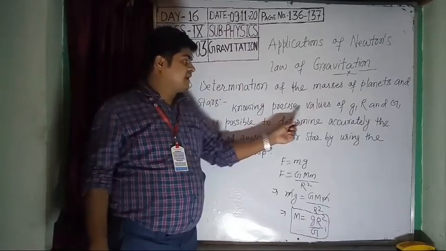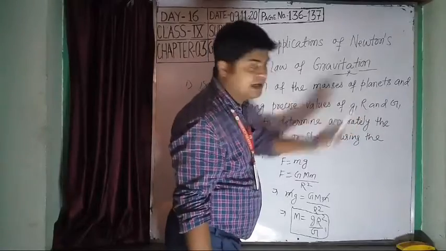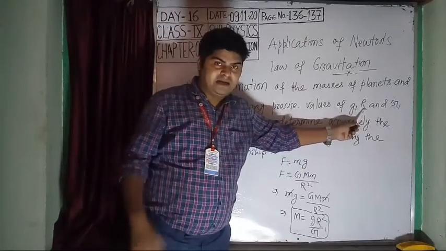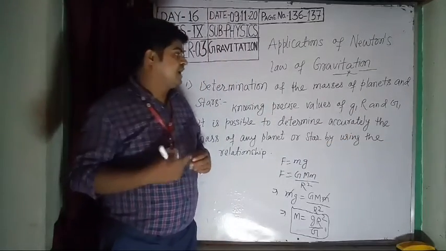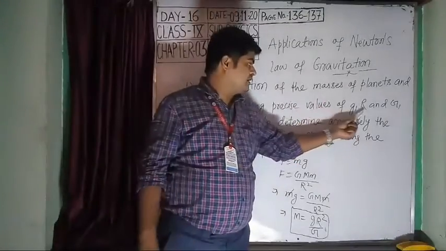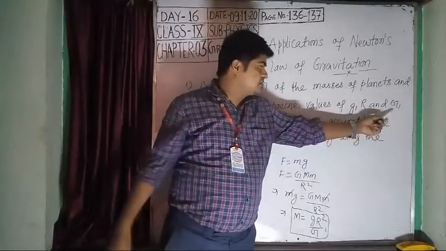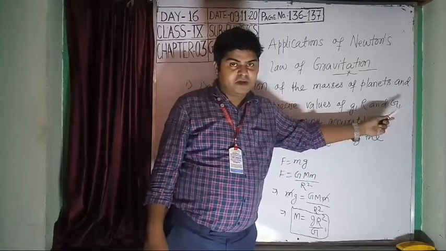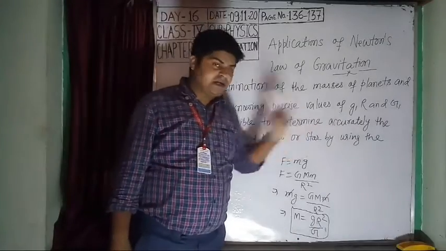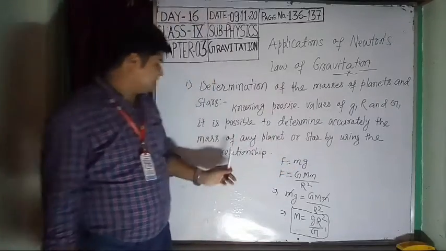Knowing precise values of small g, acceleration due to gravity, capital R and capital G. Suppose you want to know the mass of Jupiter. First of all you will know the radius of Jupiter and the acceleration due to gravity on Jupiter, and the gravitational constant, which is the same everywhere, 6.67 into 10 to the power minus 11. It is possible to determine accurately the mass of any planet or star by using this relationship.